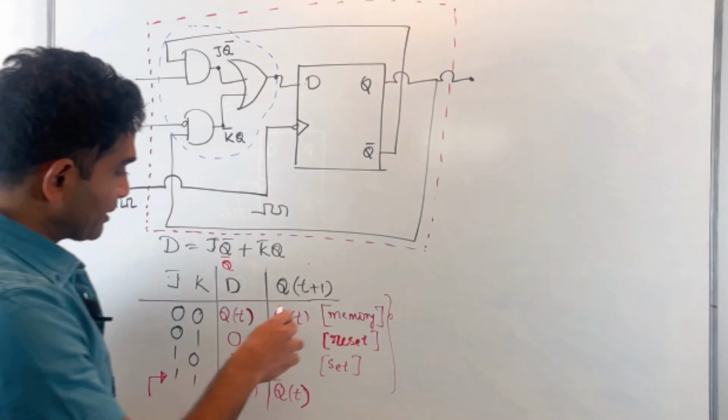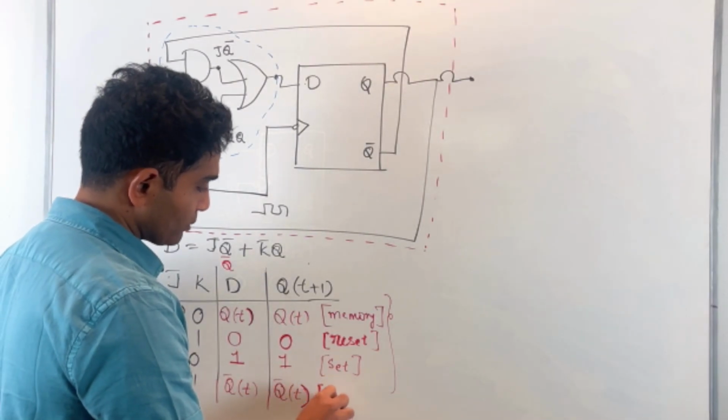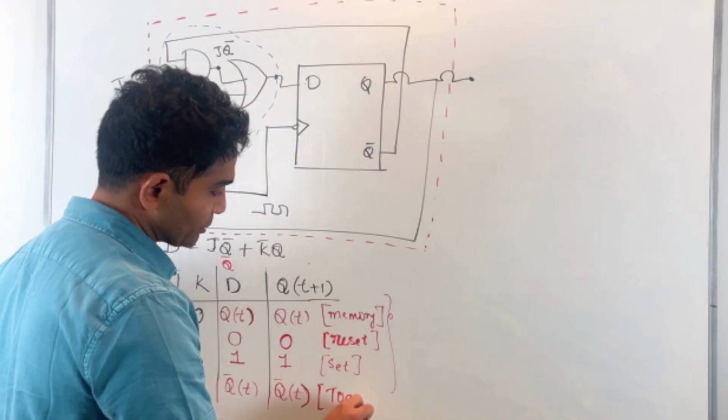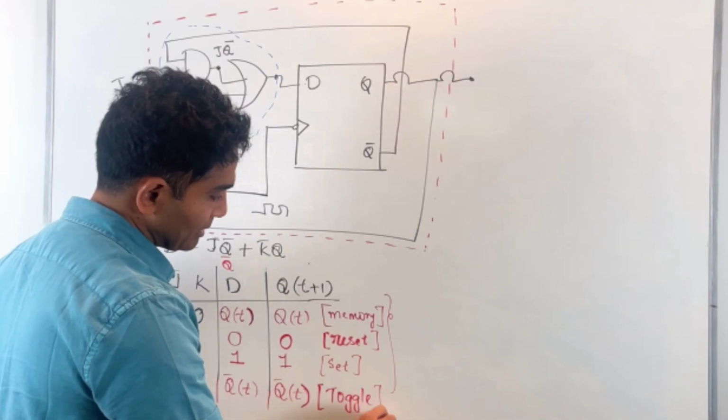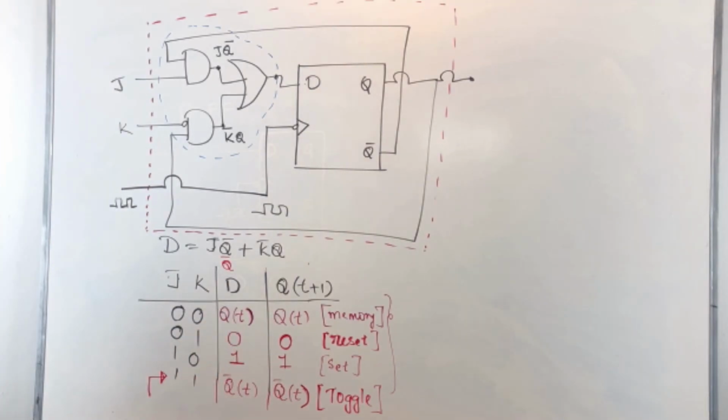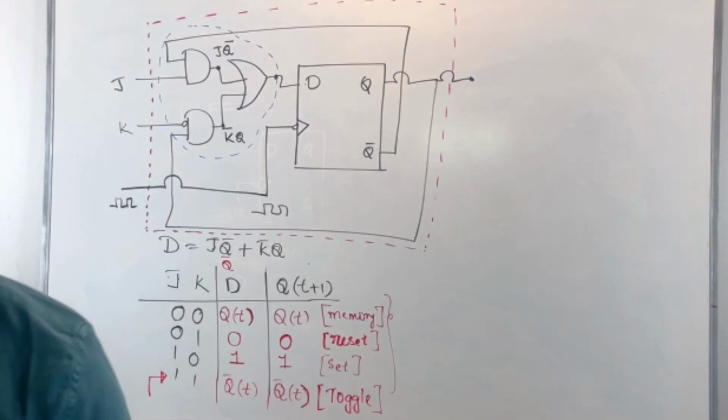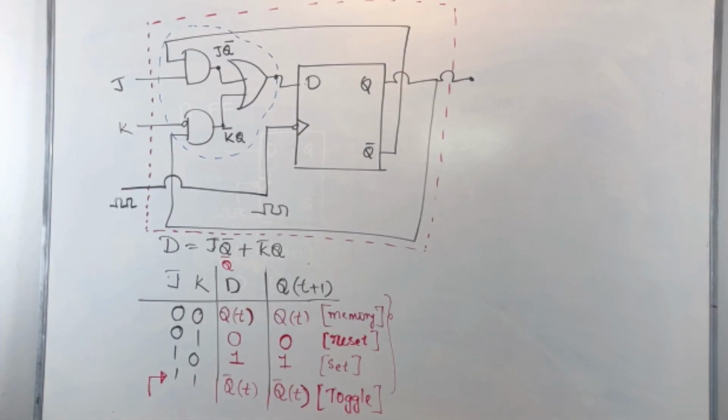So this particular state is called the toggle state or toggle condition. When I'm applying a 1, 1 on my J and K inputs, I'm essentially toggling the output from 1 to 0 or 0 to 1, depending on what was there before. Okay.